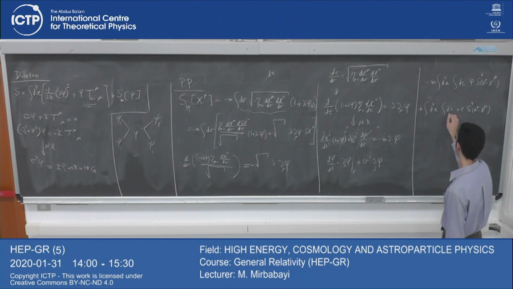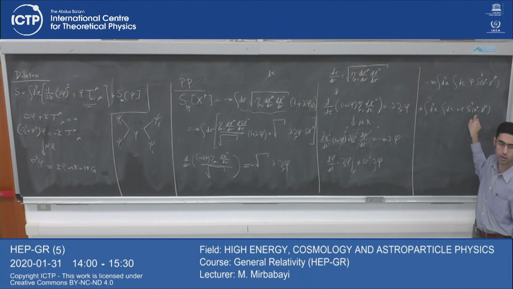What I can do is the integration over tau using one of these 4 delta functions. There is one of them, delta of x0 minus X0, and the rest is delta 3 of the vector x minus the vector X.